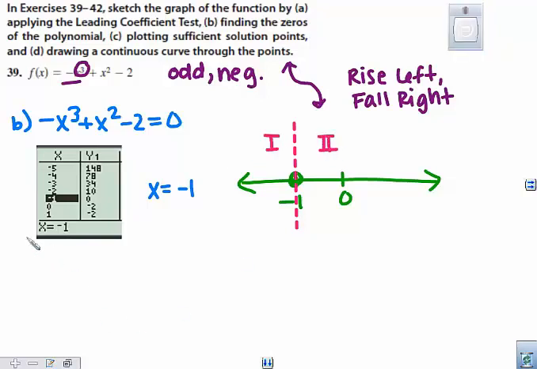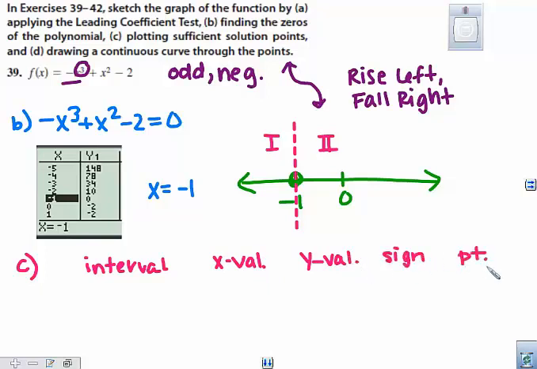So your table for part C, it says find or plot sufficient solutions. That's your test interval chart. So you'll take your interval, you'll pick an x value in that interval, evaluate it to get a y value, see what that sign is, and list the point that we're going to plot.